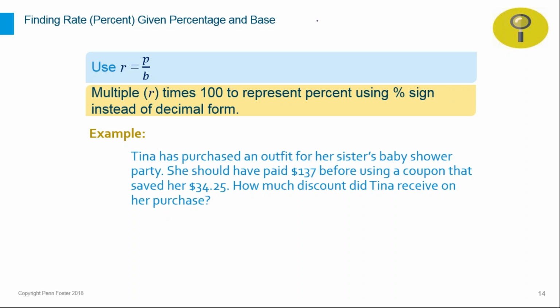So the first one that we did, P equals B times R. I need R. Isolate R. Divide over B and divide over B. That's gone. Then R equals P over B.